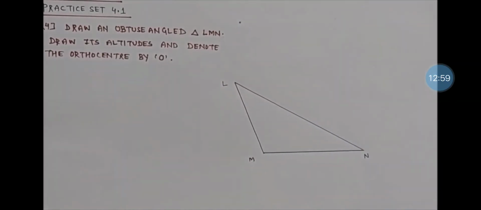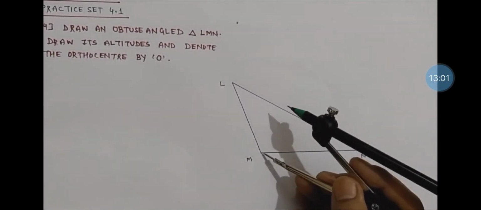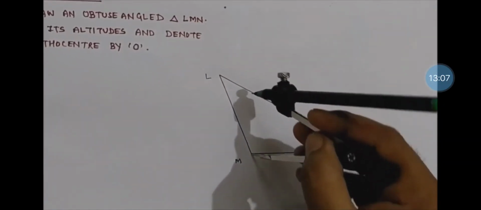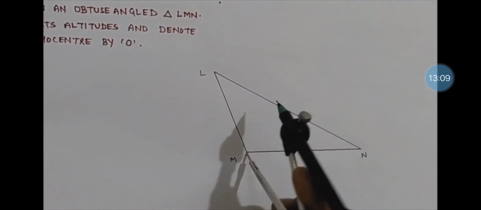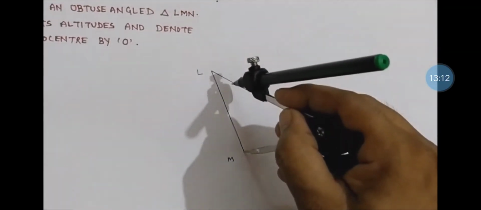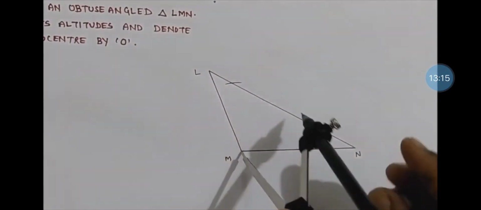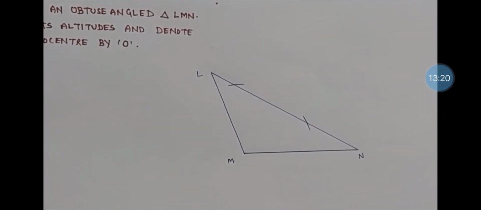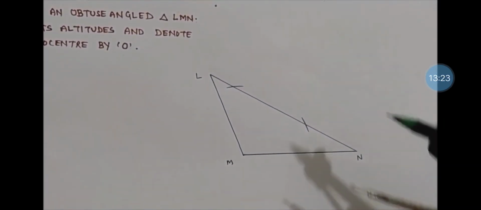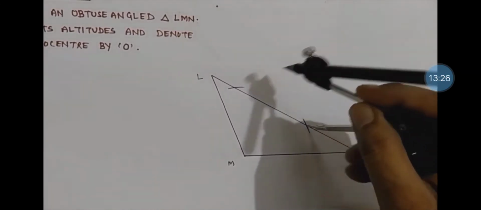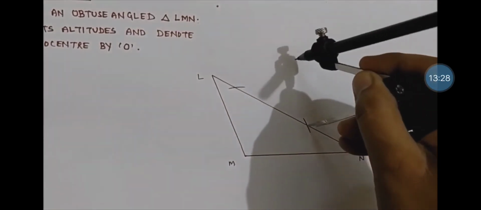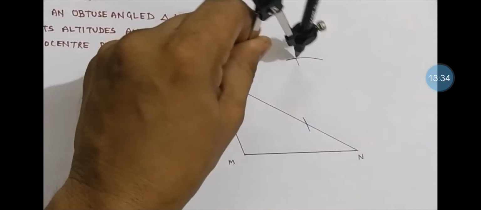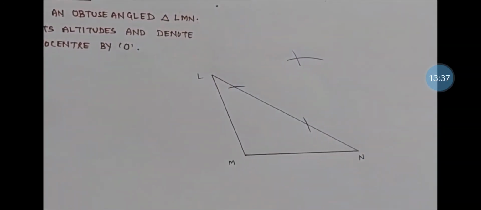So now we will make altitude from point M. Open compass such that on the line LN you will get 2 cuts. Now open your compass more than half and make arcs like this.